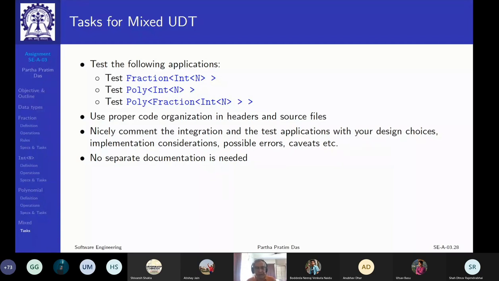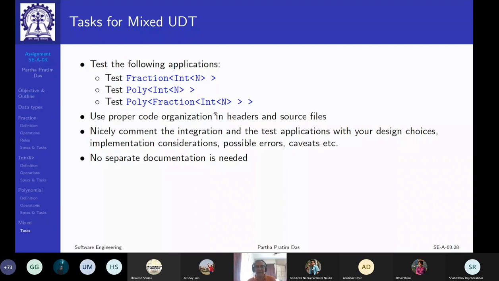So using that, fraction you have tested with int, poly you have tested with int, IntN you have tested with N equal to 4. But now can you test a fraction of IntN or a fraction of Int4? A poly of IntN, a poly of fraction of IntN.